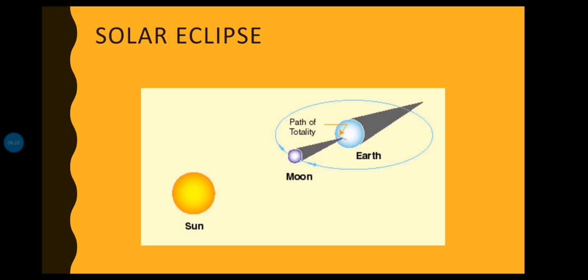This is also a photo for the solar eclipse. So the sun, the moon, and the earth are aligned. They are on the same line, and this is how the moon is standing in the way of the sun's light towards earth. I have two kinds of solar eclipses.